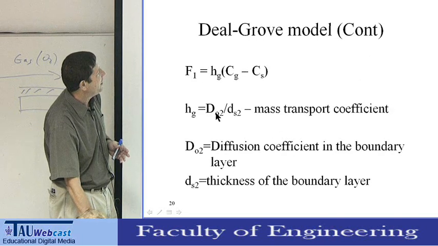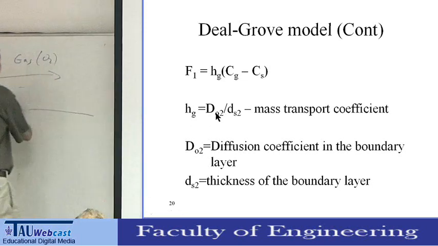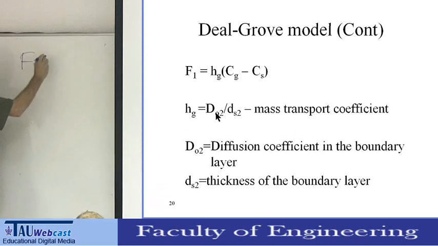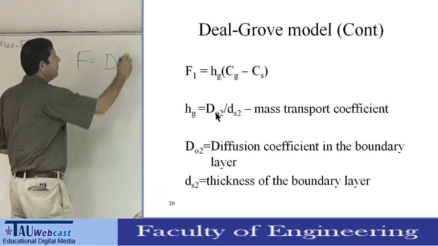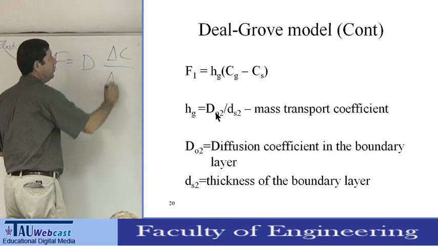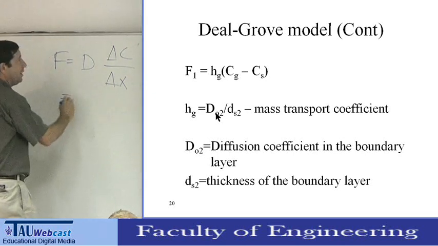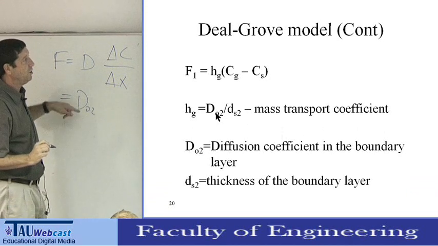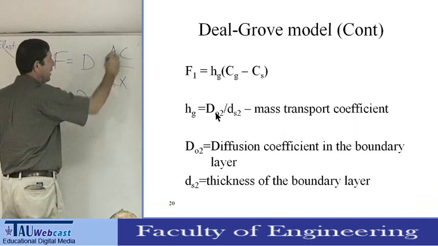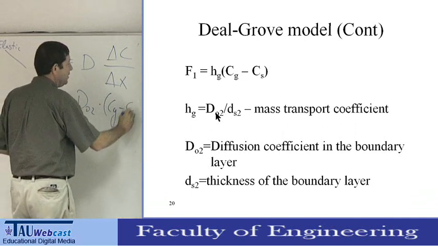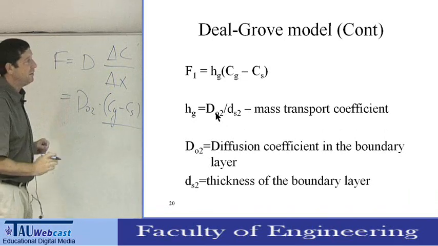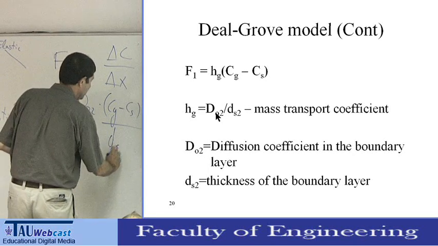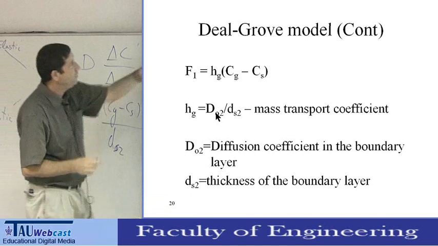Hg is basically a diffusion coefficient, because if you remember Fick's law of diffusion, flux is D times change of concentration over delta x. In our case, D is D_O2, the diffusion coefficient of oxygen in the gas. Delta C is Cg minus Cs, and delta x is the thickness of the boundary layer. So this is the explanation for this first equation.